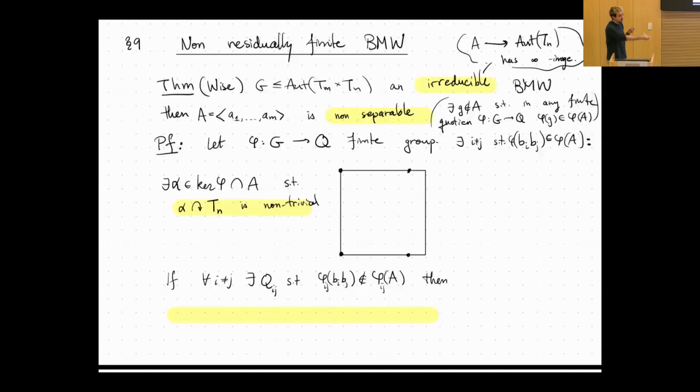But then what does it mean that it does something? Okay, so I can find some path that it takes to a different path, right? Some labeling that it takes to a different labeling. And let's break this labeling into the part of it that it takes to the same thing. So I'll break it into some long word eta, or maybe not long, that alpha would take to eta.